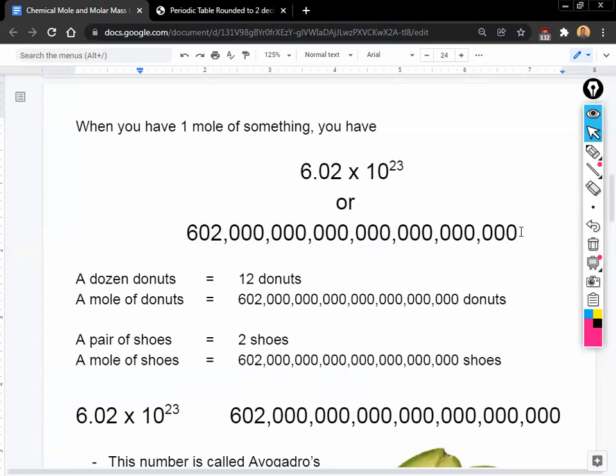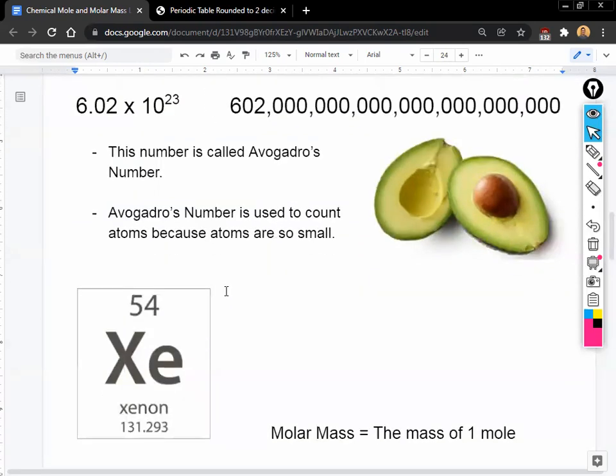If you have a pair of shoes, you got 2 shoes. If you have a mole of shoes, you have that many shoes. It's just a way of counting, just like a dozen or a pair or whatnot. So this number right here, we call it Avogadro's number. I call it Avocado's number because it's easier to remember. But we use Avogadro's number to count atoms because atoms are so small.